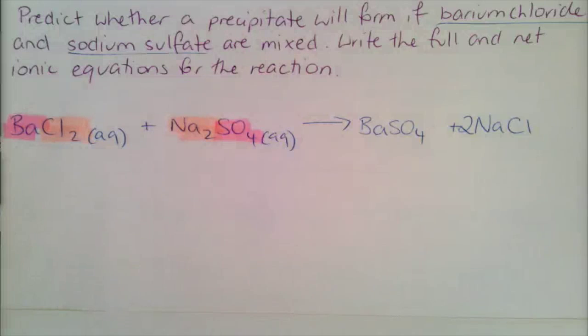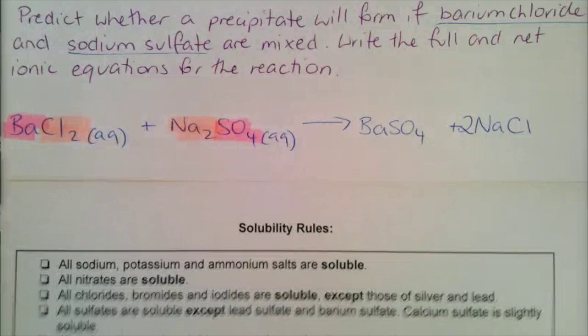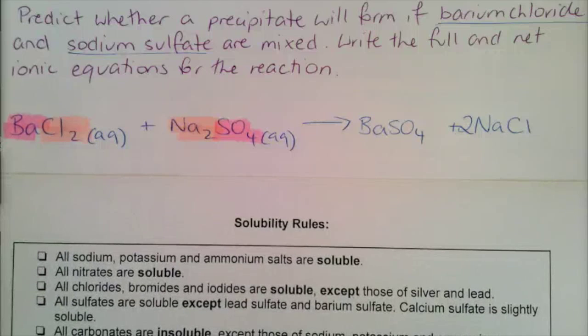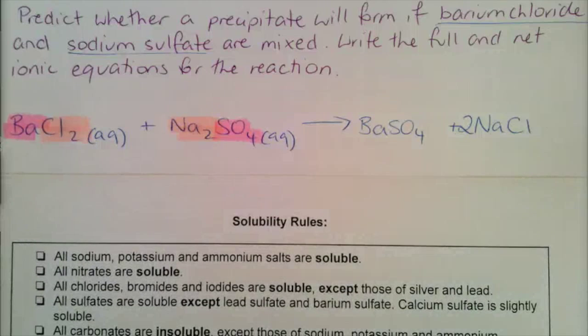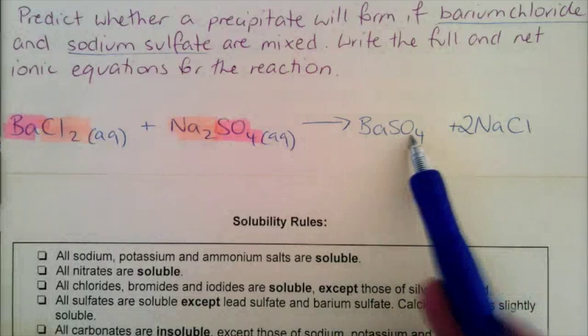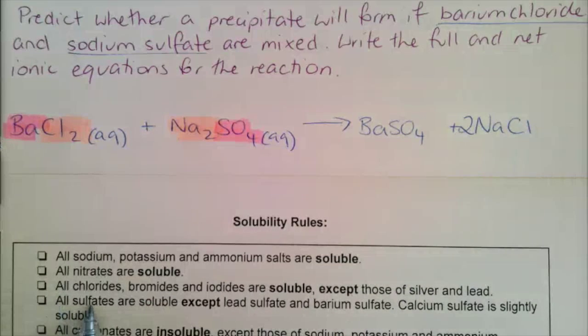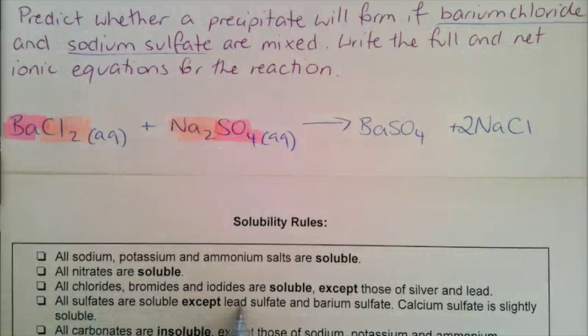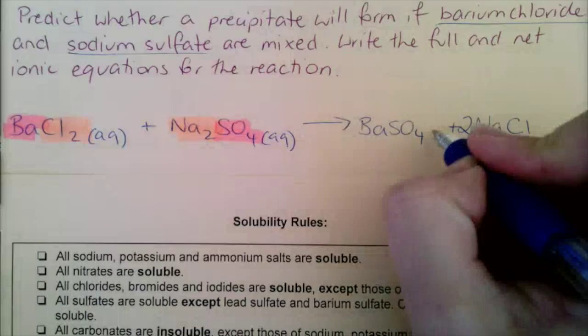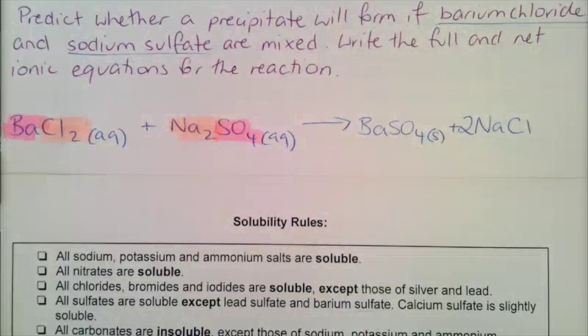And now we need to figure out which one is our precipitate if a precipitate has formed. Remember, you might be given an example where there is actually no reaction, there's no precipitate formed. So let's have a look here. Okay, we have a barium sulfate. Here, all sulfates are soluble except lead and barium. So here we've got one of these exceptions, barium sulfate, that is actually forming a precipitate, our solid.